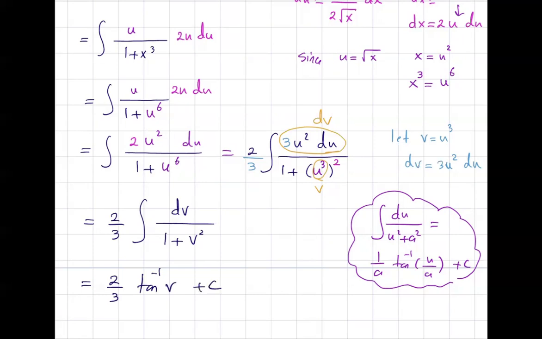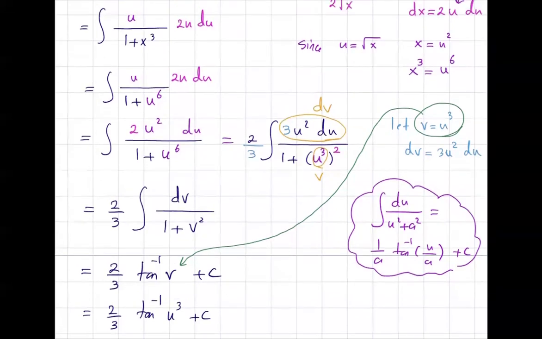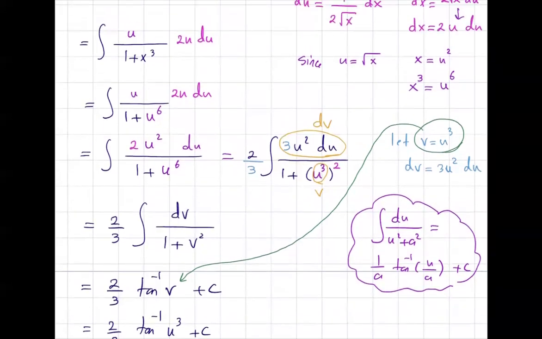But what is v? Well, we have a lot of substitution. v is equal to u to the third. So far, this is equal to 2/3 inverse tangent of u to the third plus c. But what is my u? My u is equal to square root of x. I have to write everything in terms of x, everybody.